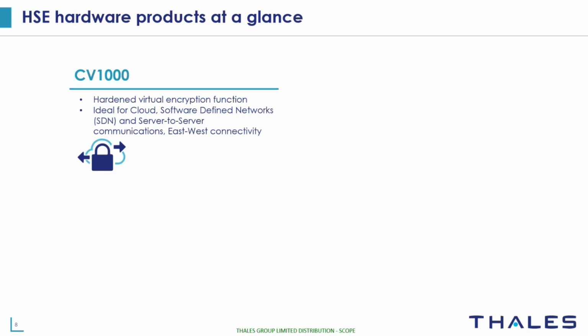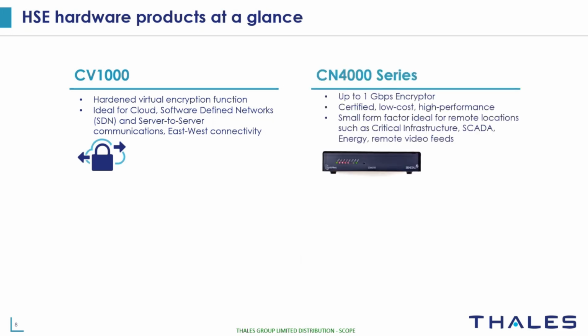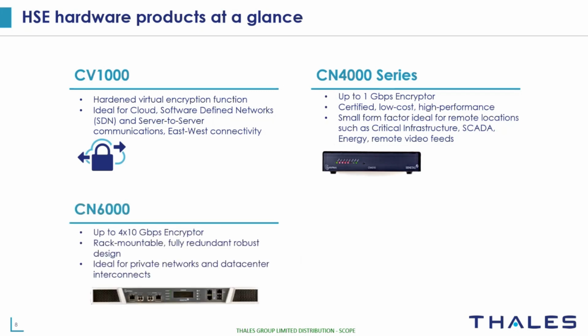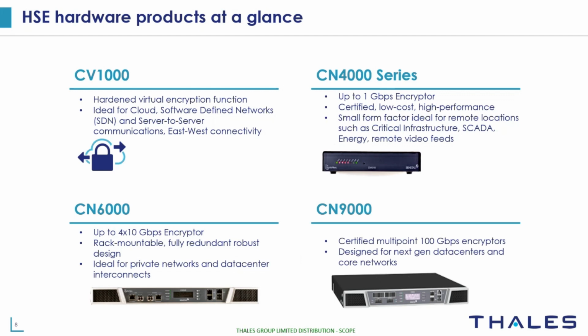Starting from virtual, which is one of the recent solutions we delivered, because cloud adoption is quite high and customers requested encryption towards their workloads located in the cloud. Of course, we have a series of hardware encryptors, starting from the CN 4000, which is an entry-level or basic one, used to encrypt critical infrastructure, SCADA.